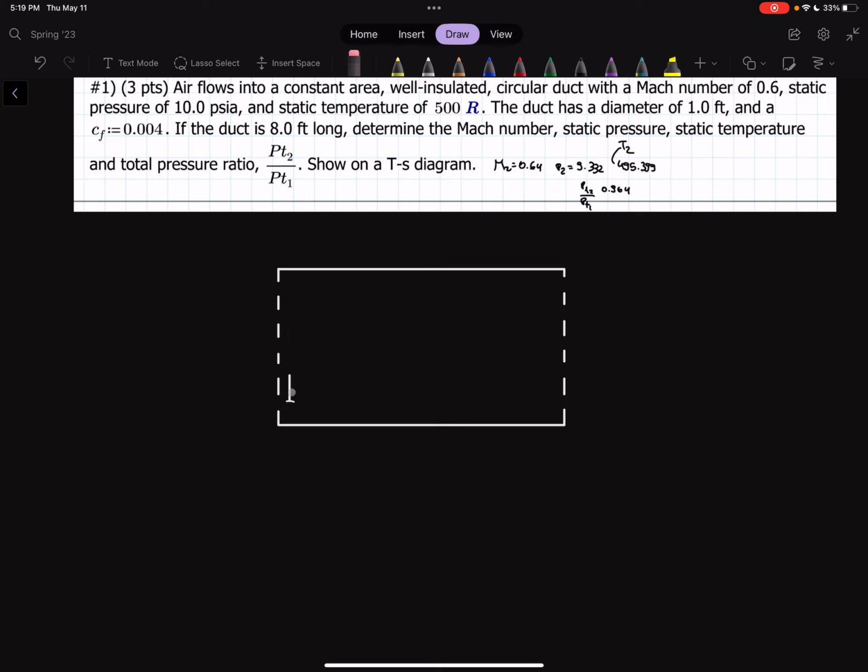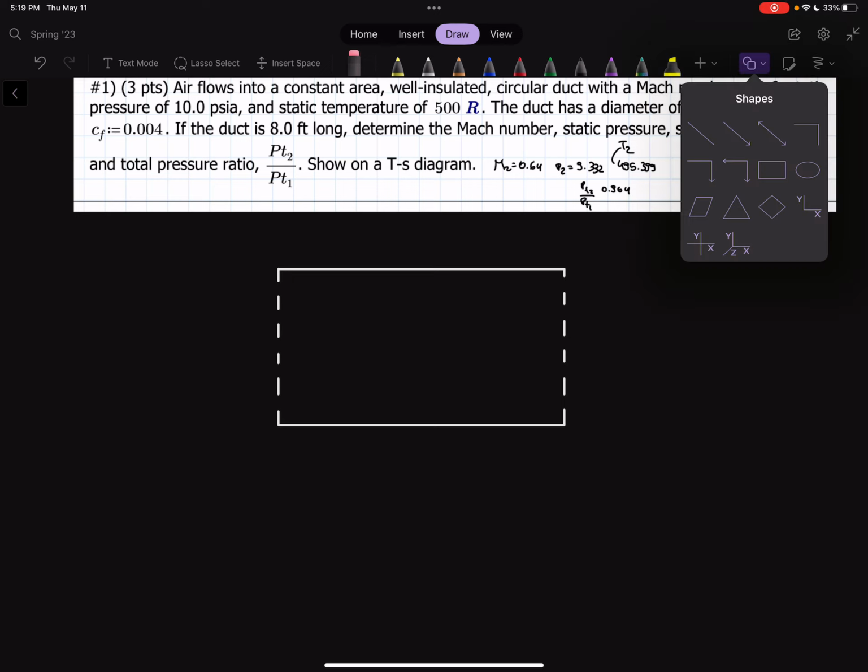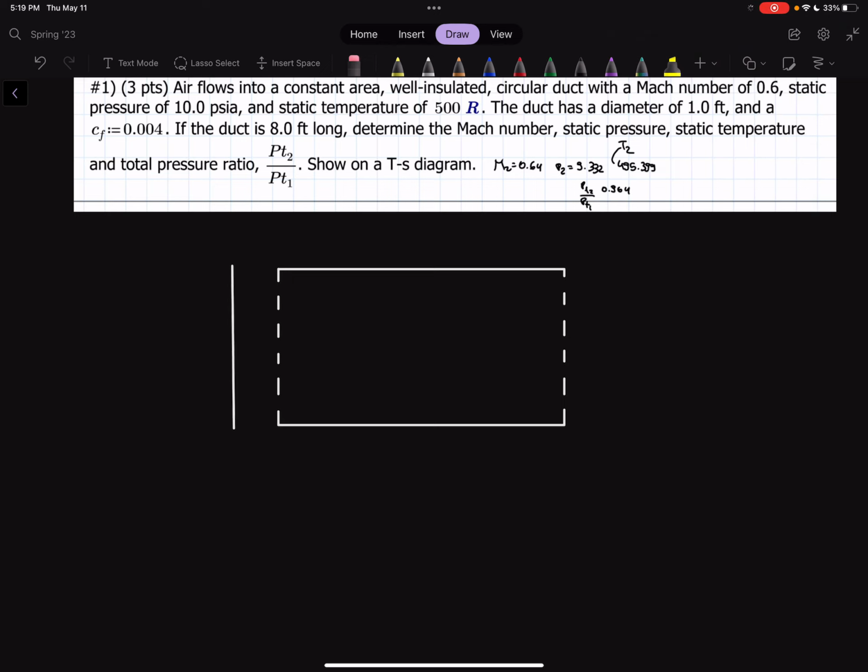So we want to do the whole length. And we're saying that this diameter is what? Well, they told us it's 1.0 feet. Okay.